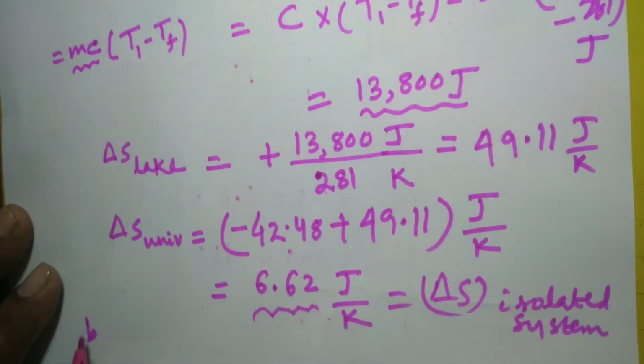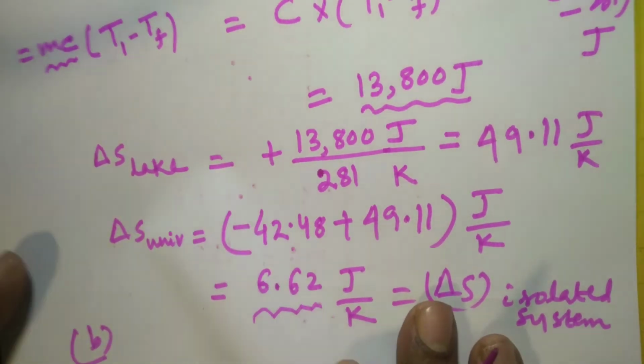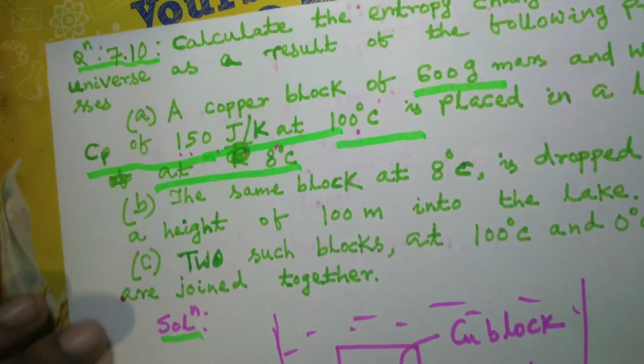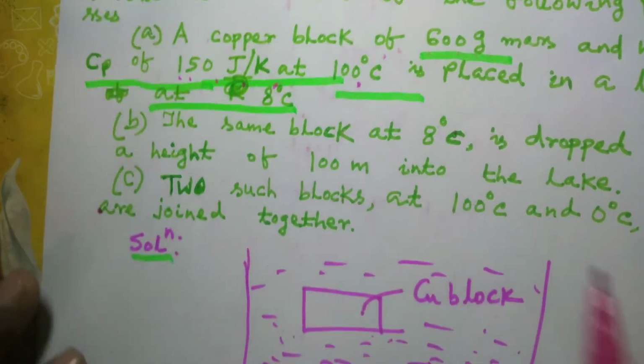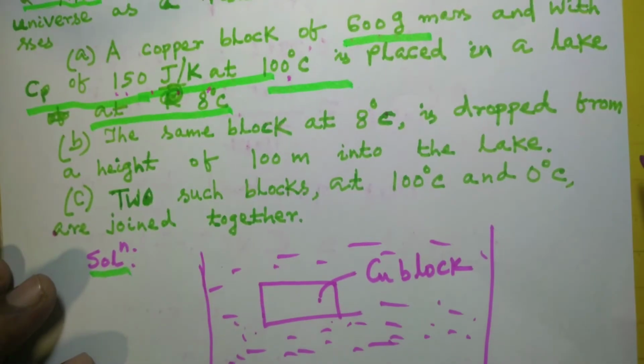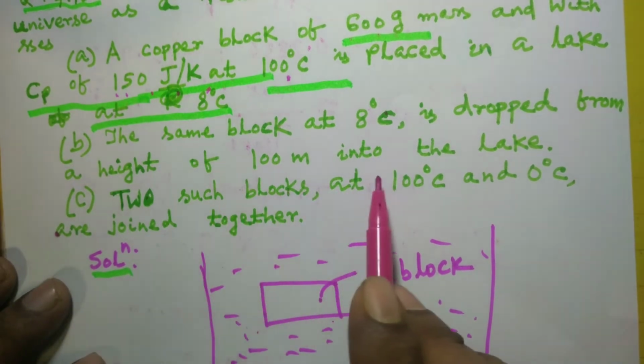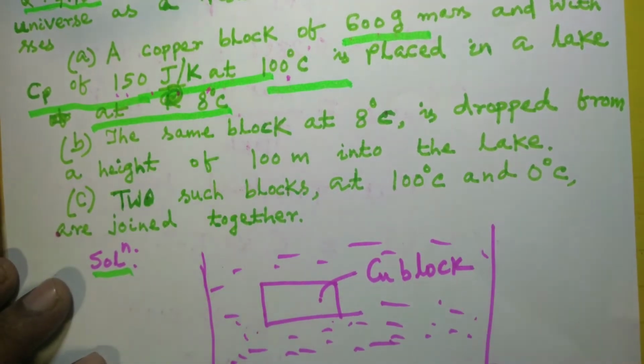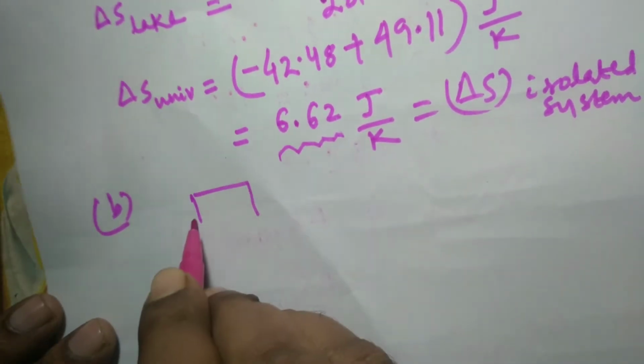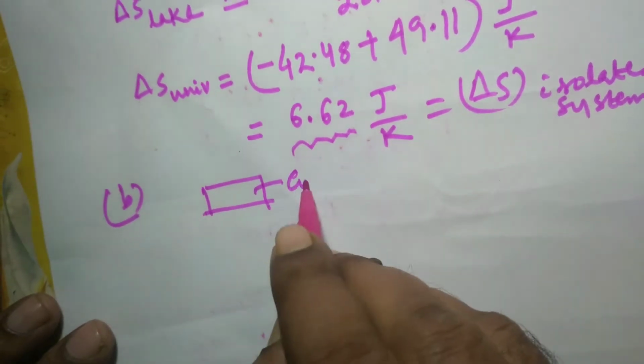And for case B, the same block at 8 degrees Celsius is dropped from a height of 100 meter into the lake. So the lake is there, but the copper block is dropped from a height of 100 meter.